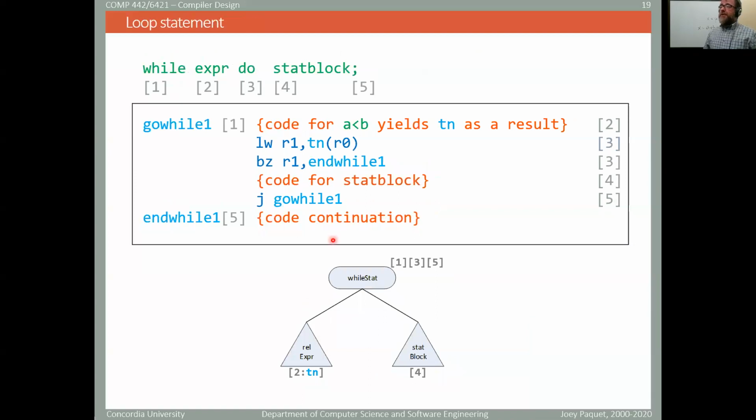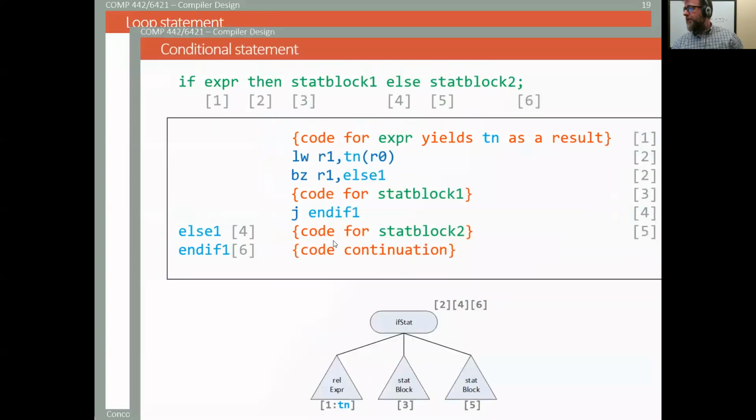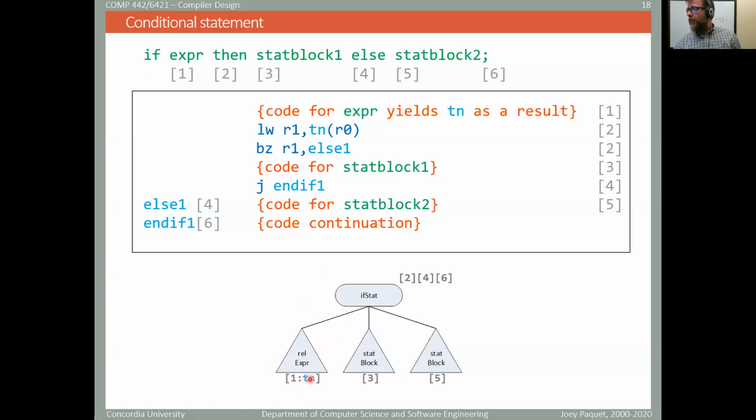Let's go to the next one, which is a loop statement. Once you understand the notion of the jump, and that you should generate all of this sequentially, you see that all of these semantic actions here, let's take 2. This semantic action 2, when it's fired, generates this tiny piece of code here.